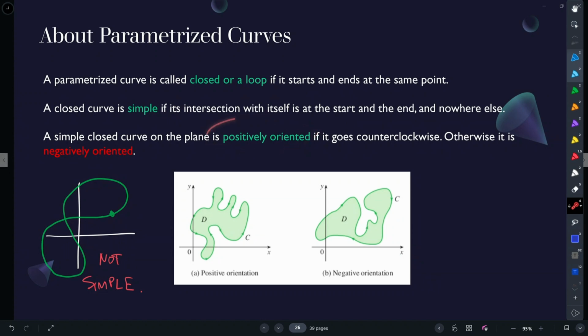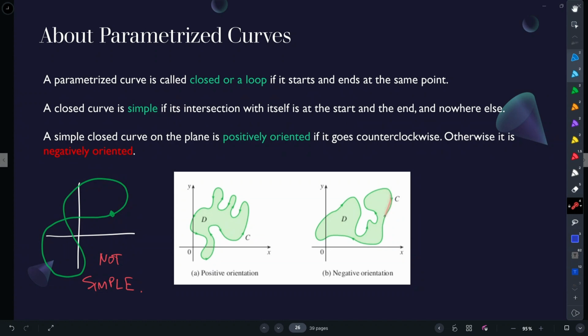Finally, they are positively oriented if it goes counterclockwise. So you see here that if I am here, then I start moving in the counterclockwise direction. It's a little weird to decide when you are in this part. But if you are at a very exterior point, then you can decide just locally, it looks like a clock that is moving counterclockwise.